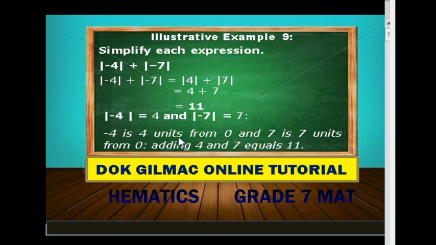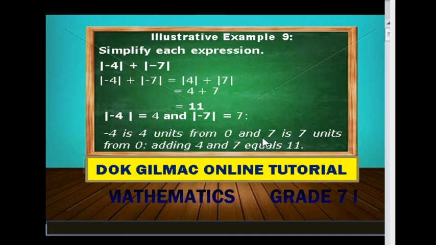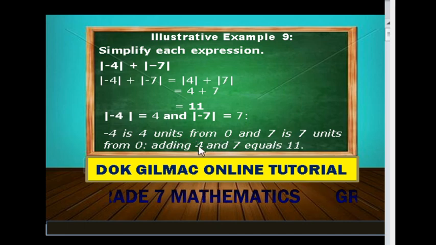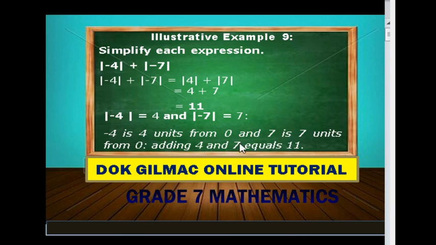So negative 4 is 4 units from 0 and negative 7 is 7 units from 0. Adding 4 and 7 equals 11.